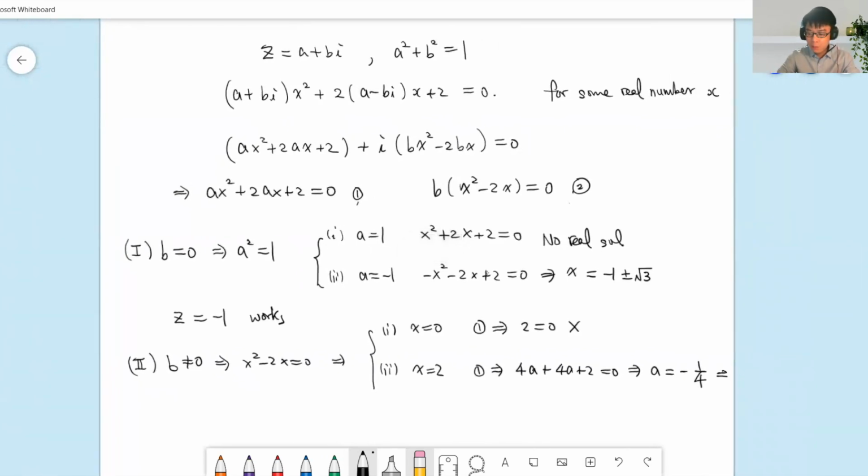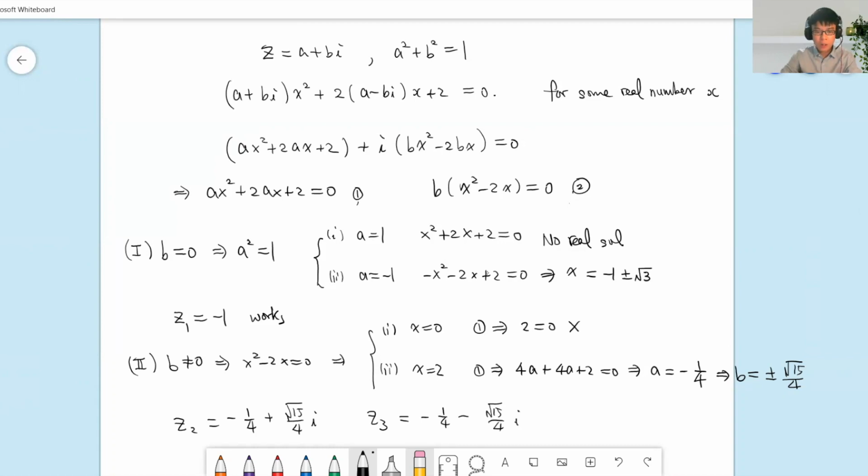That means b equals plus or minus root 15 over 4. Okay, such z works. So if I call this z1, then I have z2 equals minus 1 over 4 plus root 15 over 4 i, and z3 equals minus 1 over 4, sorry, minus root 15 over 4 i.